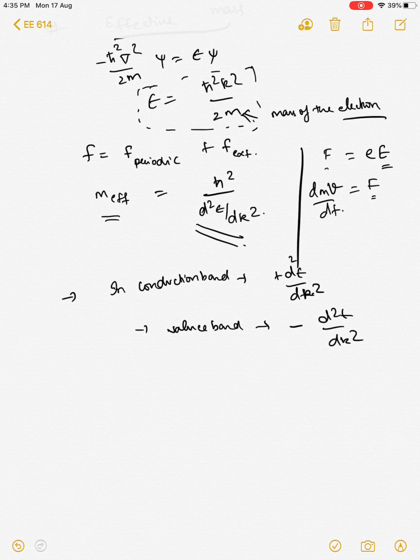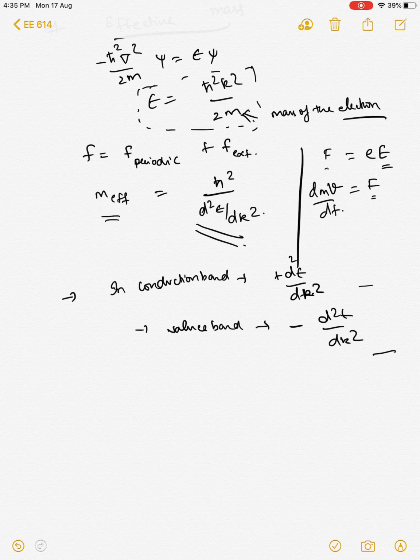So this leads to the fact that the mass of the electron is positive in the conduction band and negative in the valence band. Well, negative mass is something we really do not have a hold for. We do not really appreciate what negative mass is. Typically, mass appears along with charge whenever we are talking about current, and hence we take that the valence band has particles which have the opposite charge of an electron, and we call them holes.